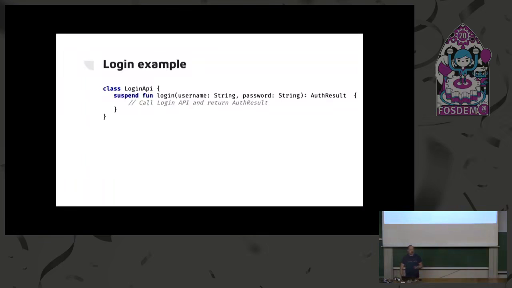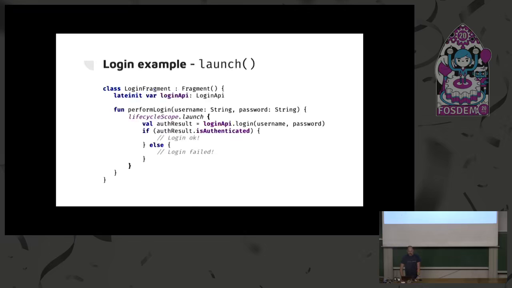Whatever we do there is besides the point. You might use Retrofit or Ktor or Firebase or something, but you get an auth result back. So in our fragment, we have a reference to our login API. We call lifecycle scope.launch, we call login, we get the result, we check the result, and we do something there. This is perfectly valid.